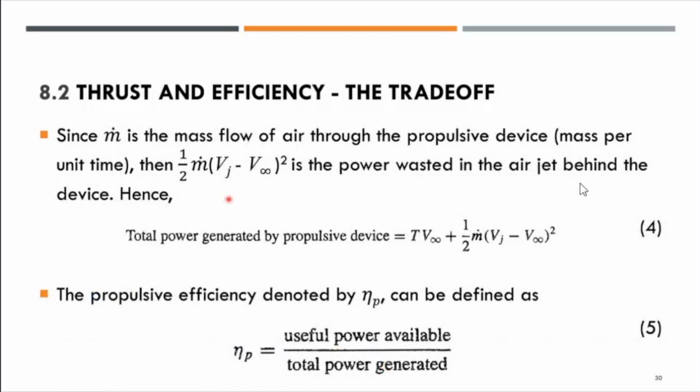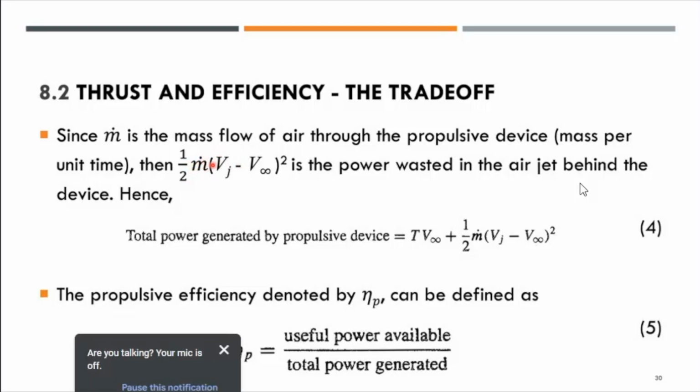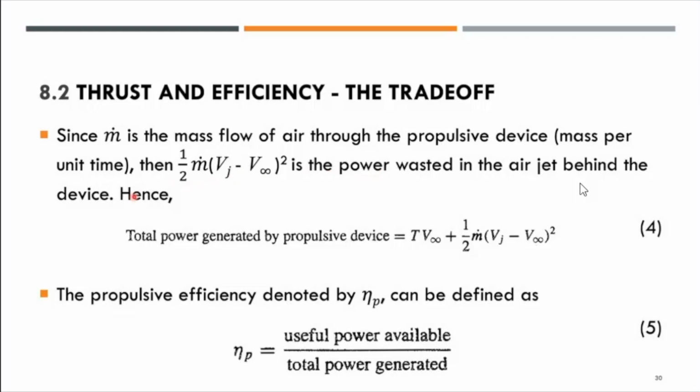Since the mass flow rate, m dot, of air through the propulsive device is mass per unit time, then half m dot times the velocity difference between Vj and V infinity, squared, is the power wasted in the air jet behind the device.